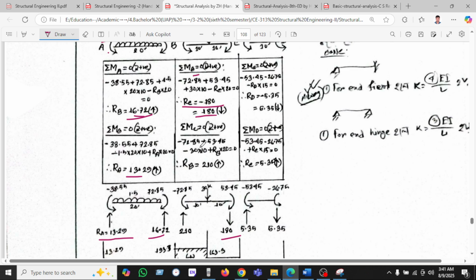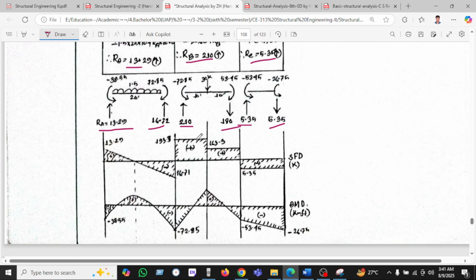And taking moment at C in positive, RB equal to 210. In the same way, taking moment at C we find RD equal to 5.35, and taking moment at D we find RC equal to 5.3435, also positive.